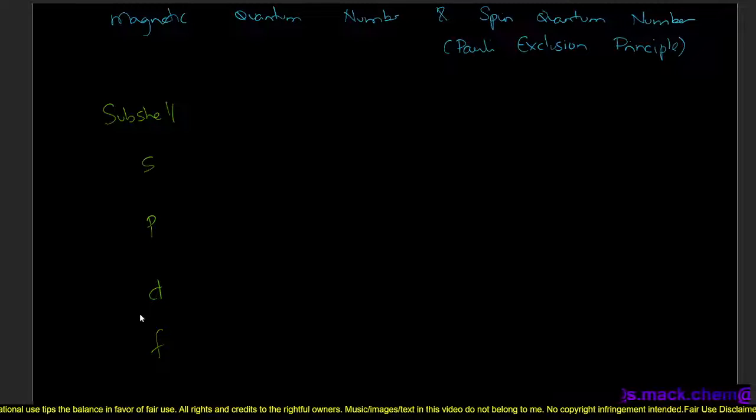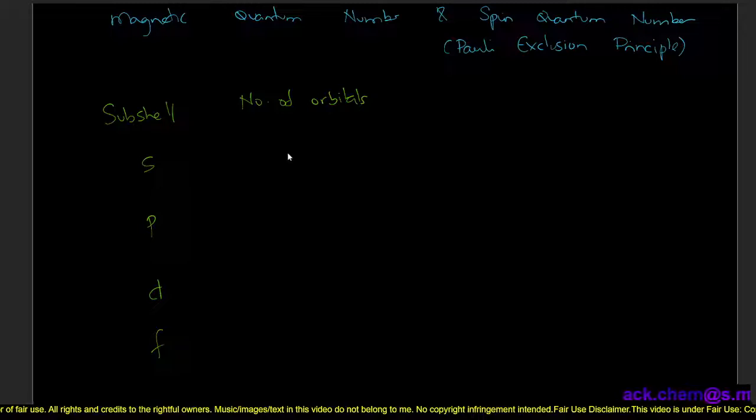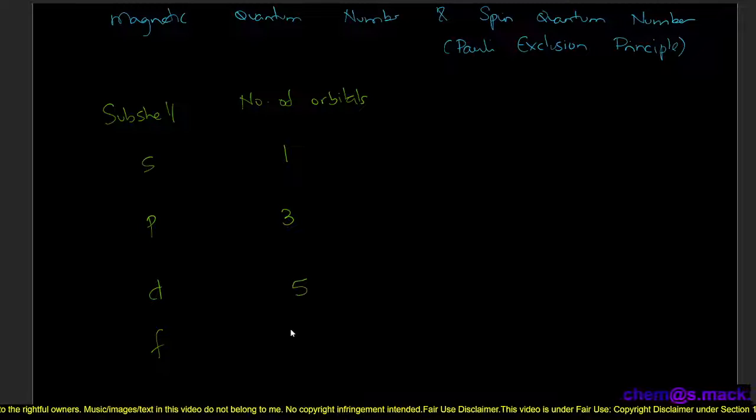It is established and it must be learned off by heart, that an S subshell consists of one orbital, a P subshell consists of 3, a D subshell 5, and an F subshell 10.